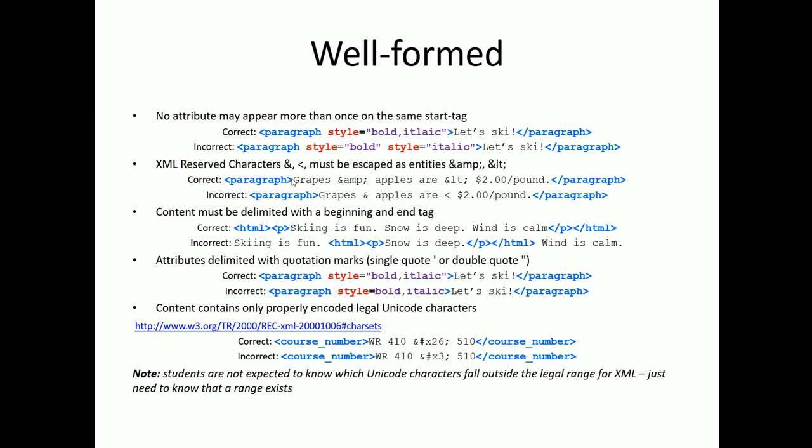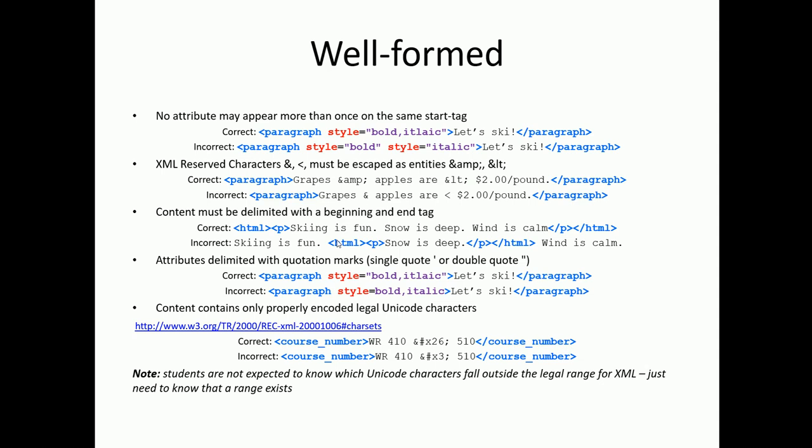So this is well formed: grapes and apples are less than $2 a pound. This is incorrect because we have an ampersand that's not represented as &amp;, and we have a less than that's not represented as &lt;.